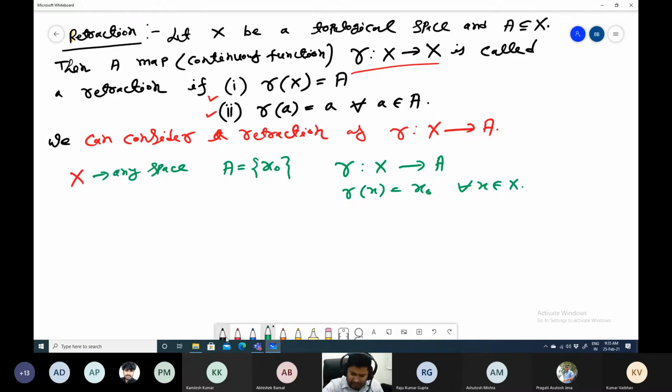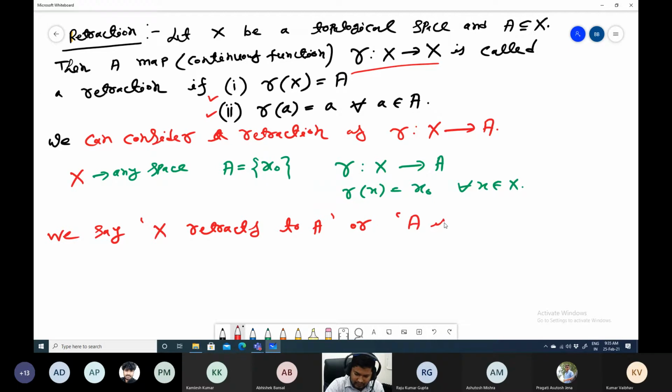Let me write another terminology. This is called a retraction, and in this case we say X retracts to A, or A is a retract of X. If you take any topological space, it retracts to a singleton set, right?